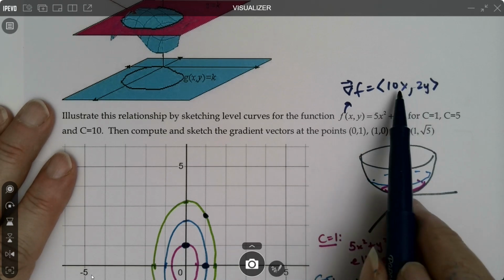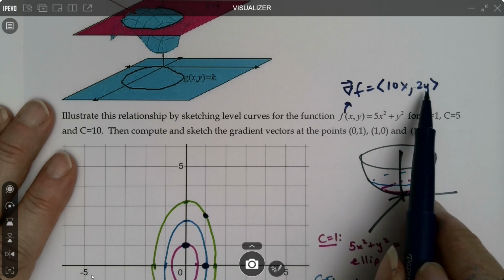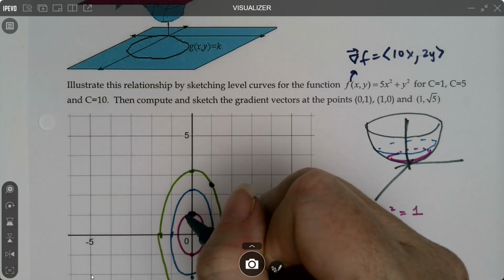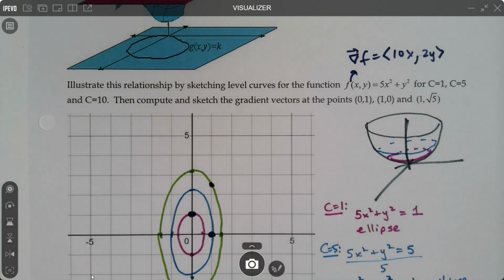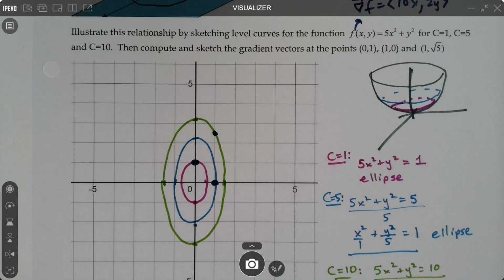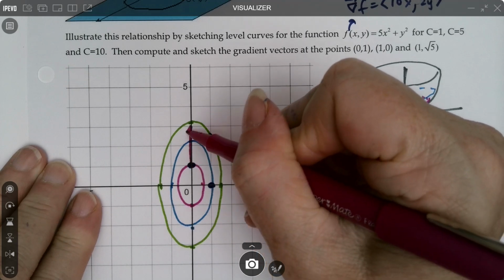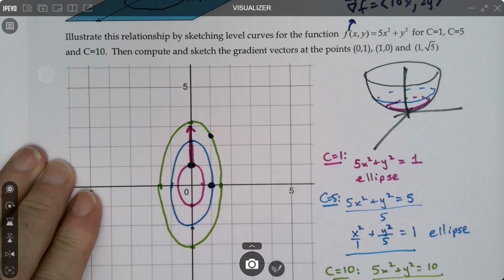If you put (0, 1) in, you're going to get (0, 2), right? So at the point (0, 1), we're pointing straight up, right? So if I draw that in, it's touching that pink circle. So I just go straight up right there. And that's where I'd end up.